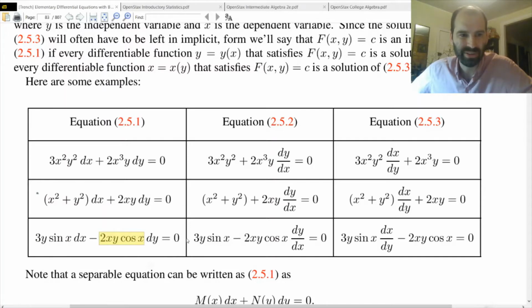Also, these are written in those other forms that we saw above. And so all 9 of these are examples of equations of the type we just talked about.